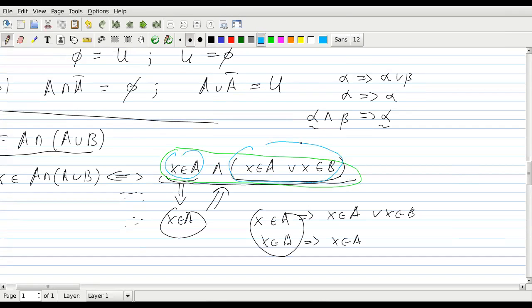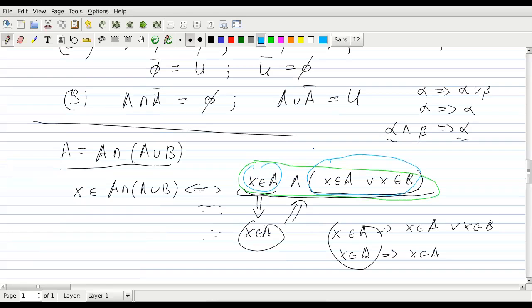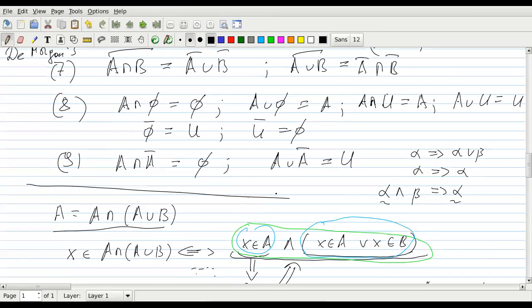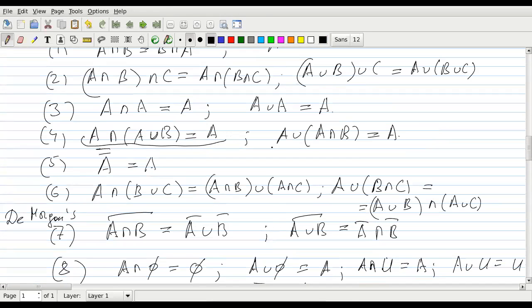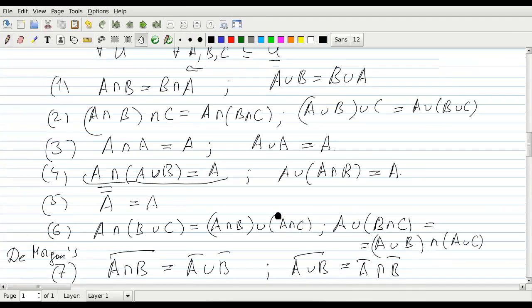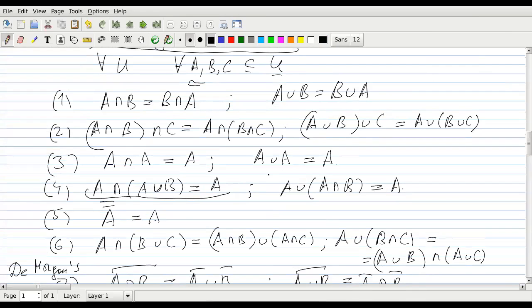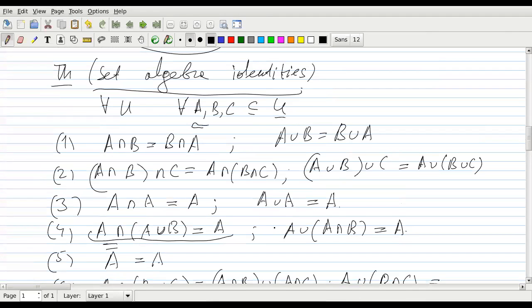So I am just reducing my statement to a statement about logical operations. So the main idea is that my set theoretic operations just mimic logical operations, logical connectives. Is it clear?